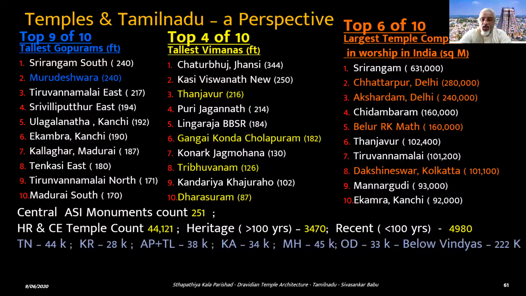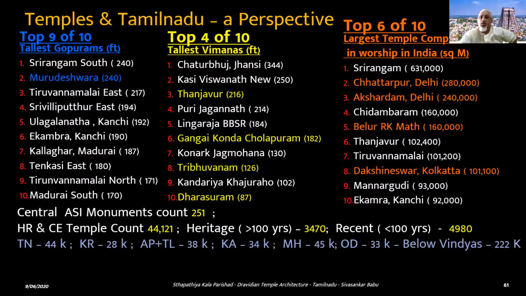If you see the size, Tamil Nadu has 44,000, Kerala has 28,000, integrated Andhra Pradesh 38,000, Karnataka 34,000, Maharashtra 45,000, and then Orissa around 33,000. So if we put below Vindhyas, the entire South India, Maharashtra, Orissa, the Rashtrakuta region, the Chalukya, Chola region itself accounts for around 222,000 temples.